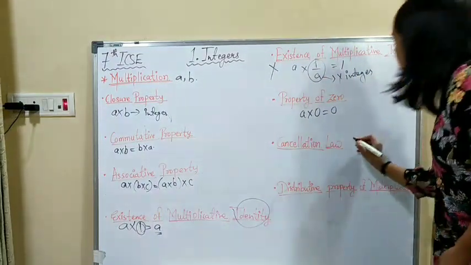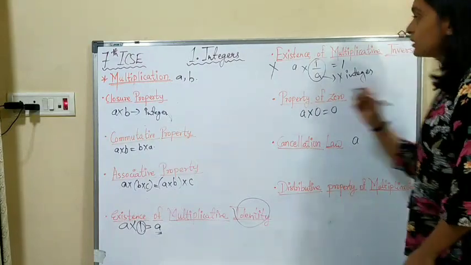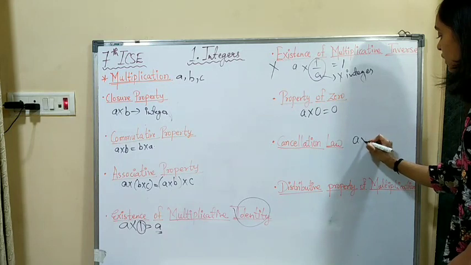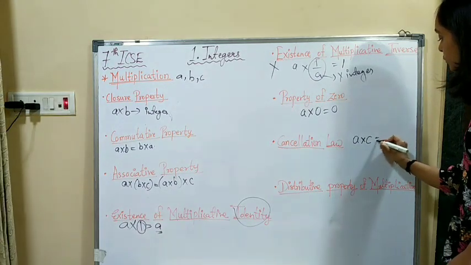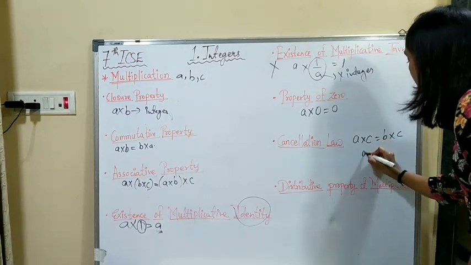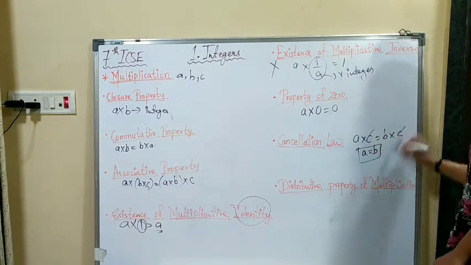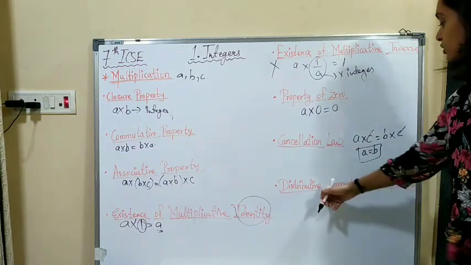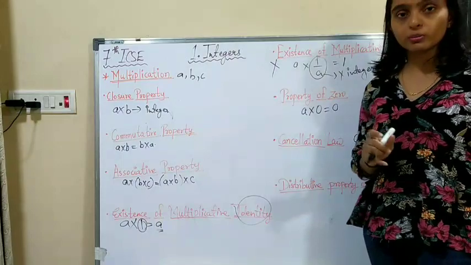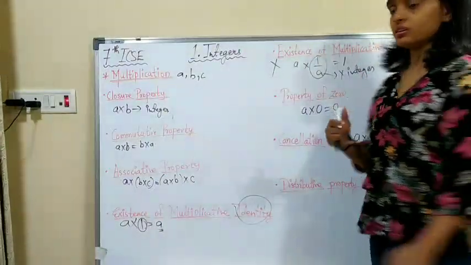Cancellation law. If you have any three integers, say A, B and C, and A multiplied by C equals B multiplied by C, then you can say A is equal to B. That is, you can cancel off C. Now the distributive property of multiplication. There are two distributive properties: multiplication over addition and multiplication over subtraction.